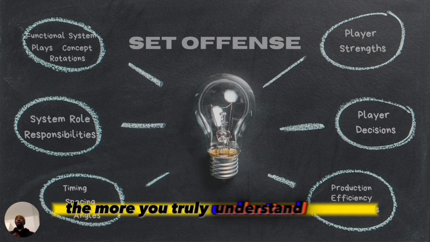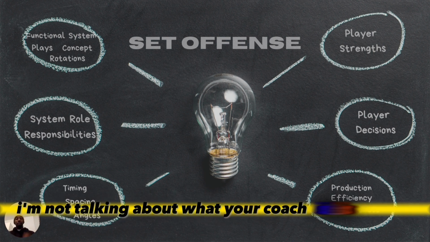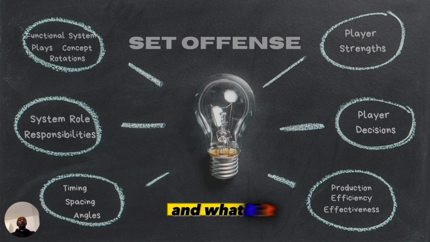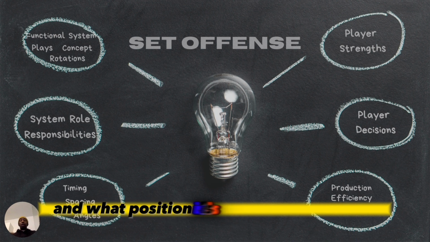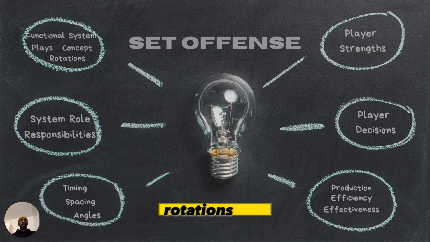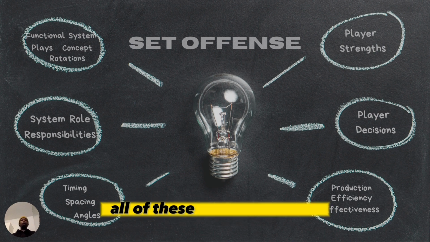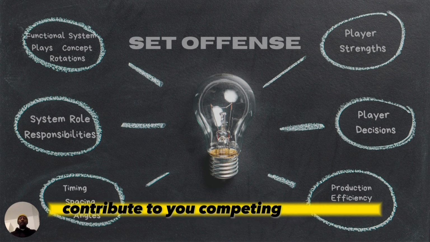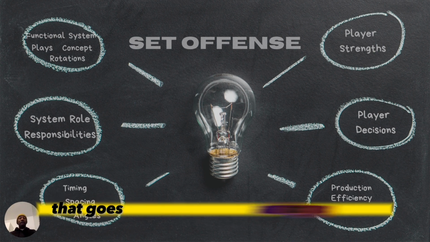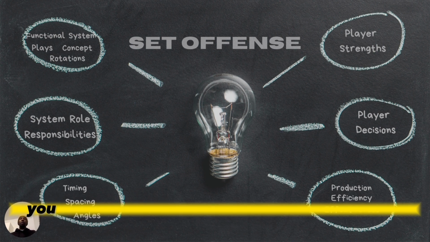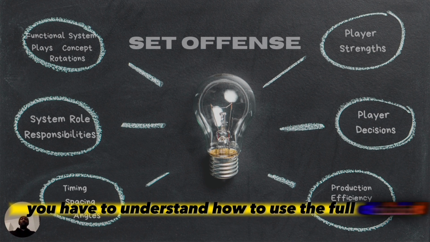The more you truly understand the role, and I'm not talking about what your coach is looking for, but the actual role and what it's surrounded by, what positions it's usually in, the outside rotations, and what happens if you get mismatched, all of these different things contribute to you competing as a player. Then you have your time, space, and angles that go along with the functional system. You have to understand how to use the full court.